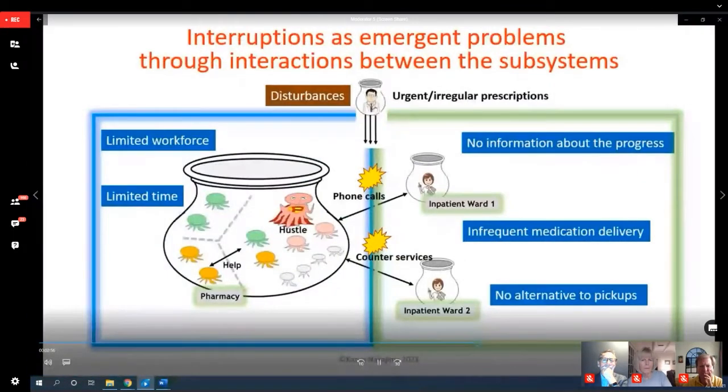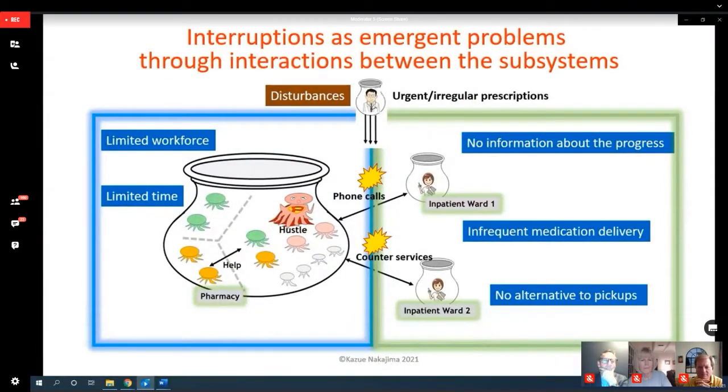Because there was infrequent medication delivery, no information about the progress of medication dispensing for nurses, and no alternative to medication pickups at the pharmacy counter. As a result, pharmacists were interrupted by phone calls every 4 minutes and counter services every 11 minutes. That is, frequent interruptions in pharmacist work are emergent problems from interactions between the different subsystems of the hospital.